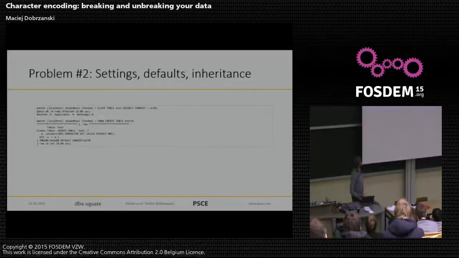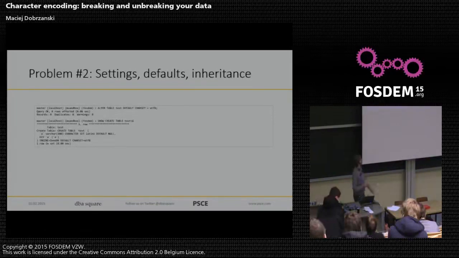But as soon as there is a difference, the column has this additional text stating that it's not the table's default encoding. So this is what can happen. Changing the table's character set to something else doesn't really fix the problem because the column remains as Latin 1. It's set independently.